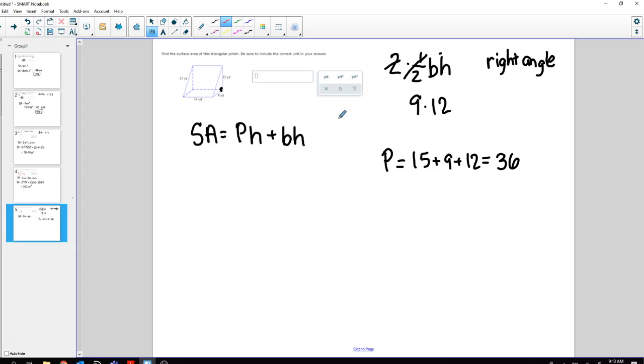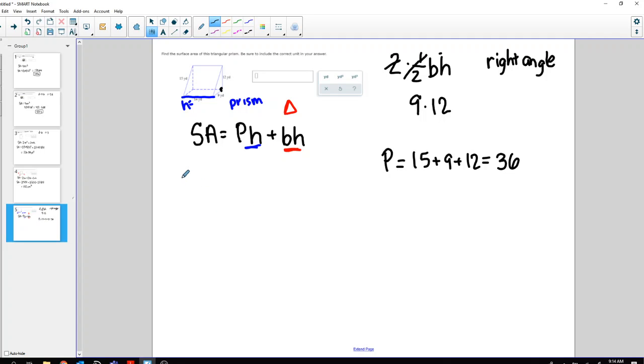The important thing to remember is that this is for that triangle. This height here is the height of the prism, which means they are two different heights. The height of the prism is the distance between the two triangles, which is that 14 right there.